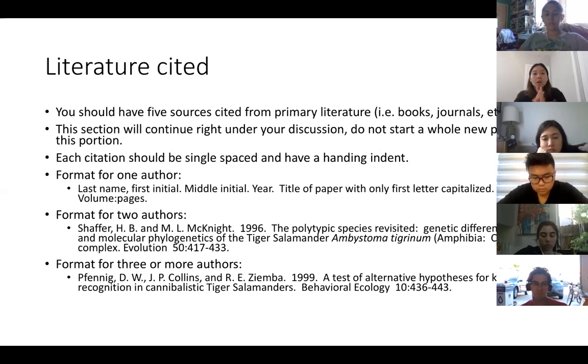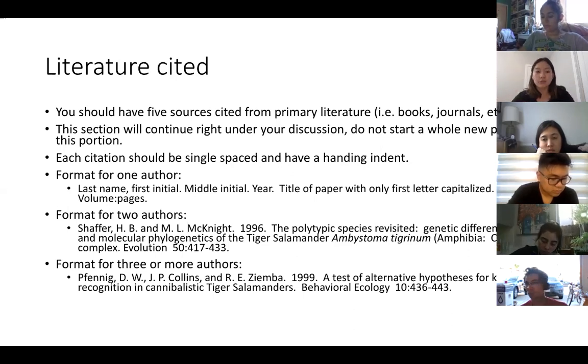Also, one more thing for your in-text citations. If there's only 1 author, for the in-text citation it would be the author's last name and the year. If there's 2, let's say Dr. Bobich and Dr. Ewers, it would be Bobich and Ewers 2008, whatever year that paper was published. If there's 3 or more authors, let's say Dr. Bobich and 5 other contributing authors, you don't have to list every single author in your in-text citation.